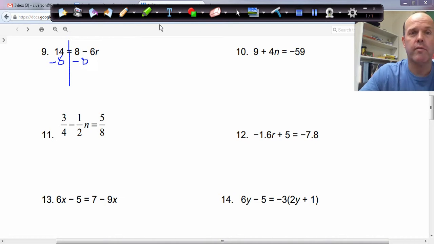If I subtract 8 from both sides, those cancel out, and I get negative 6r. And then 14 minus 8 is 6. Divide both sides by negative 6, and I get r is equal to -1.